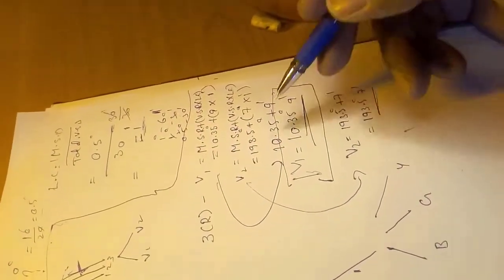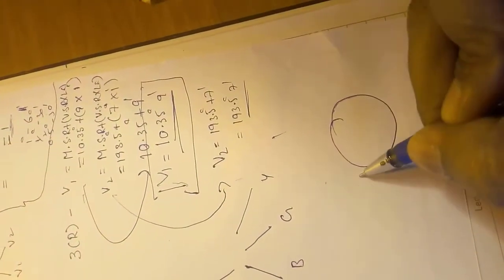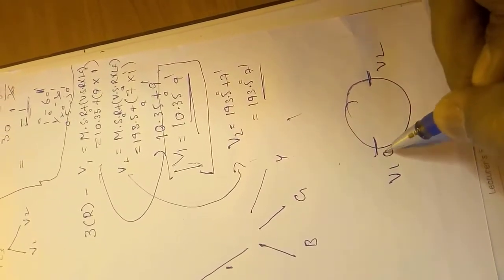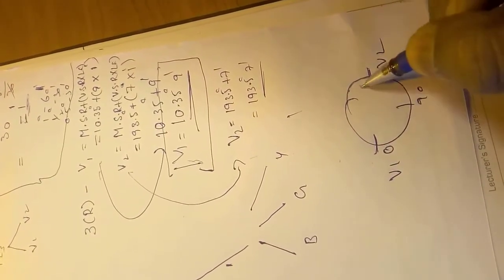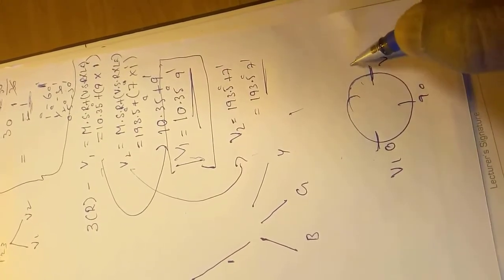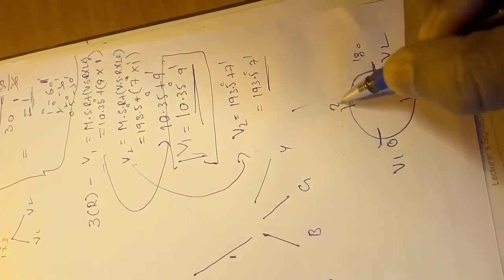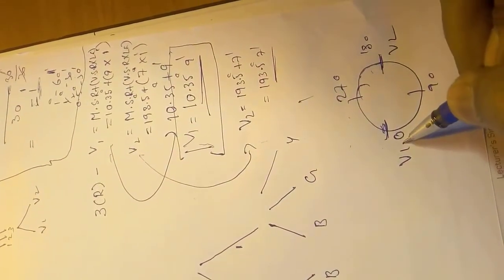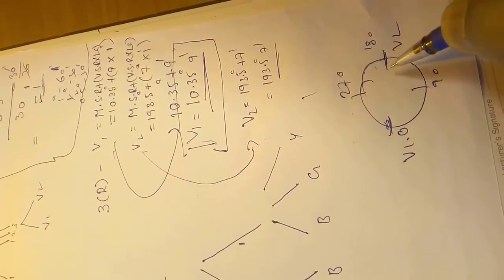You take the difference between vernier 1 and vernier 2, and you will get here 180 degrees exactly. How, sir? This is your 0, this is your 180 degrees, and 270, and this is your 300. Correct or not? Vernier 1 is the left side, vernier 2 is the right side.